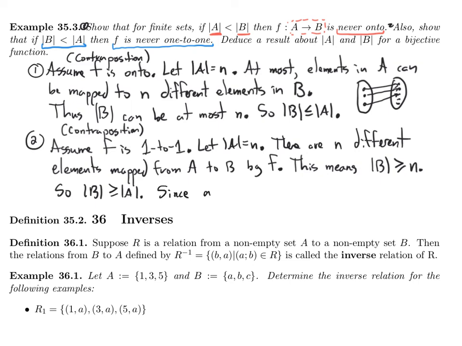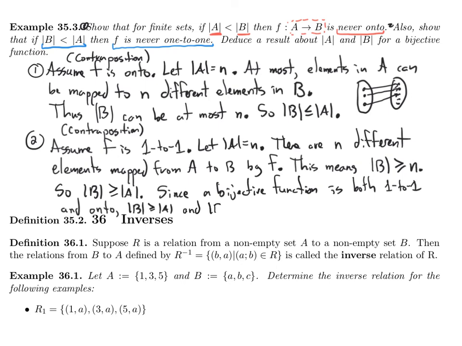So, since a bijective function is both 1-to-1 and onto, it must be that the codomain is greater than or equal to the domain in size, and the size of the codomain must be less than or equal to the size of the domain.